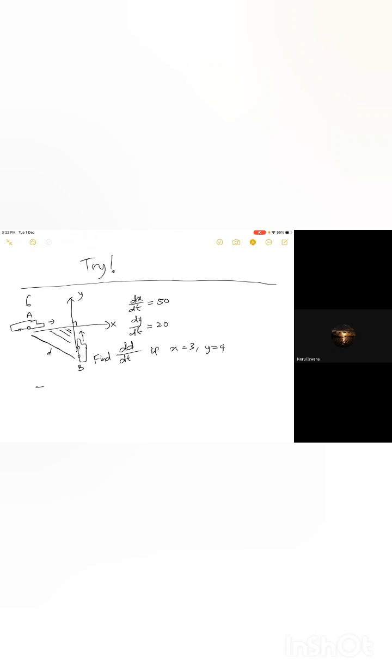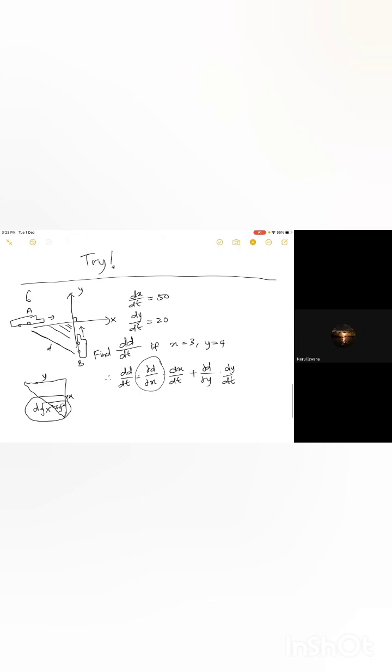Okay, so if you have something like this, I take it out. This is the distance that I want. This is X, this is Y. So my D is actually the square root of X squared plus Y squared. You use this formula to differentiate D with respect to X or D with respect to Y. So dD/dt is actually del d over del x times dx/dt plus del d over del y times dy/dt.